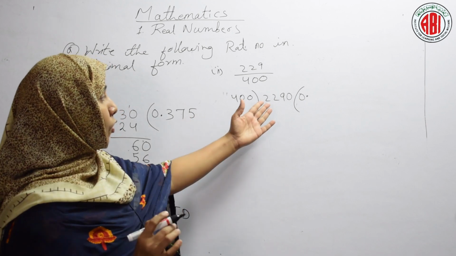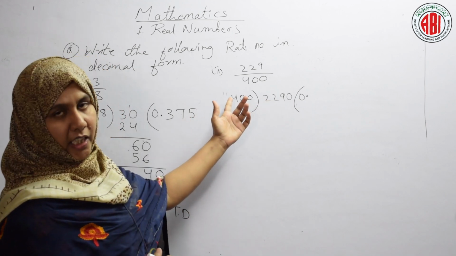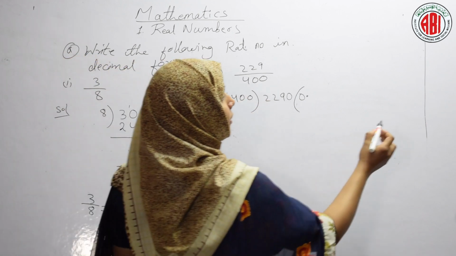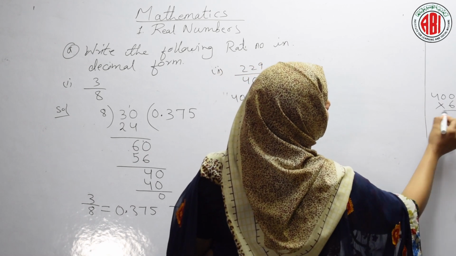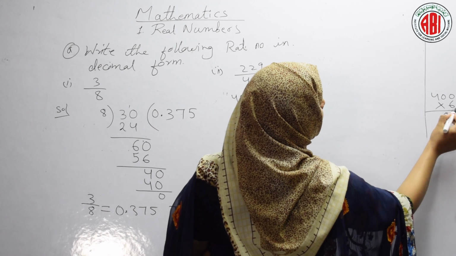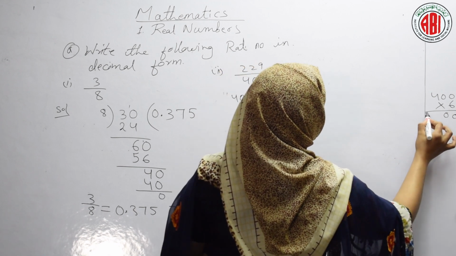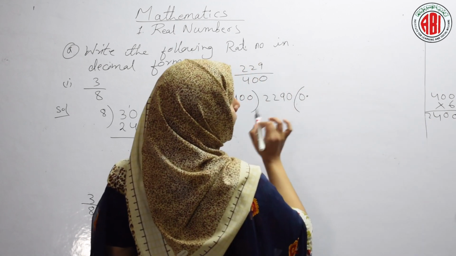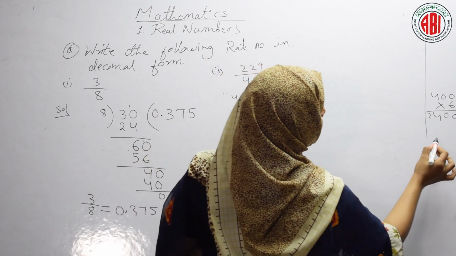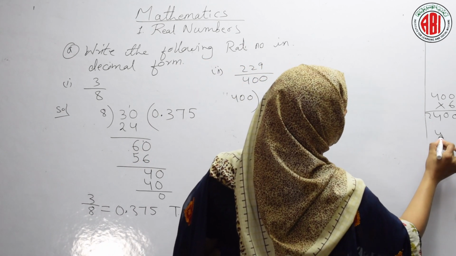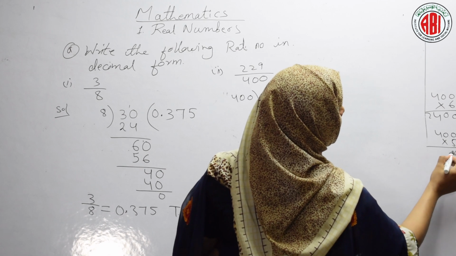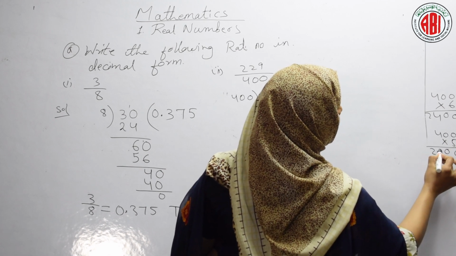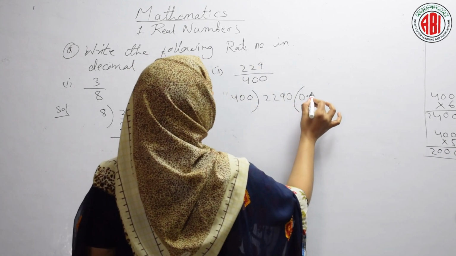So, in 2290 how many times can we get 400? You have to check by which number we have to multiply. We can use 6, 6 4s are 24, 2400, that also we can't take. So, what is next? We will check by 5, 5 4s are 20, 2000, we can take.